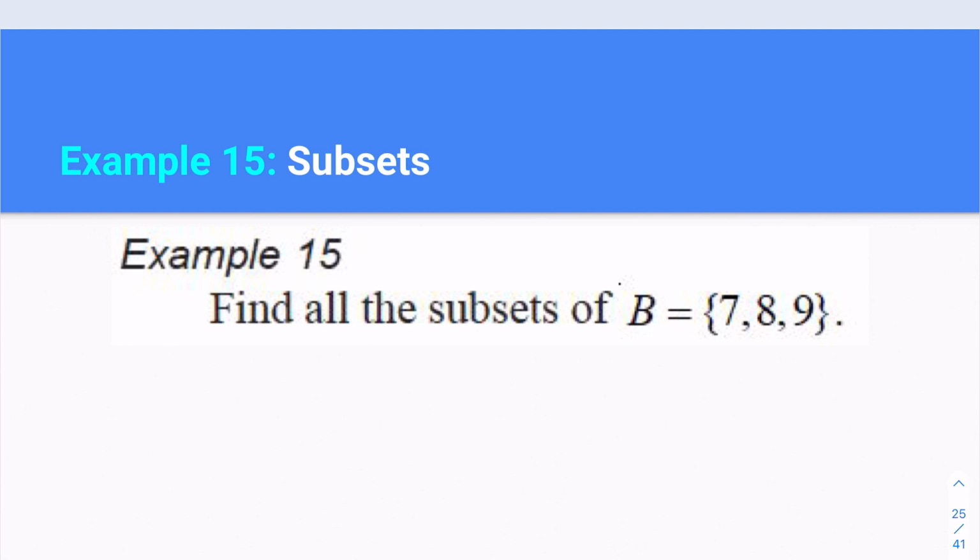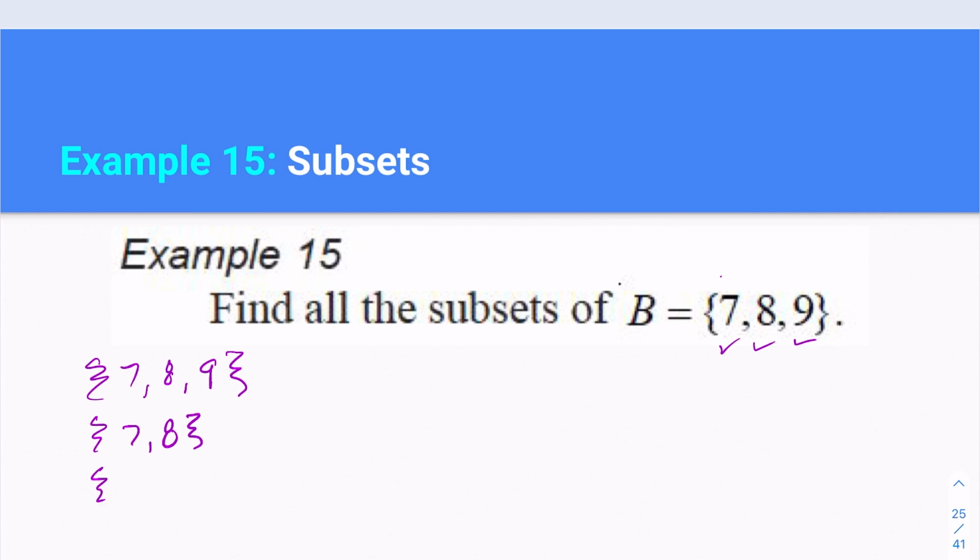Here in example 15, we have to find all of the subsets of B, and B contains 3 elements. So for the first subset, let's use all 3. So we have the set itself. Then let's use the set of all of 2. So we can do it like that. So I'm omitting the 9.